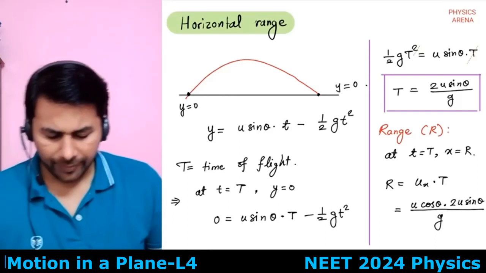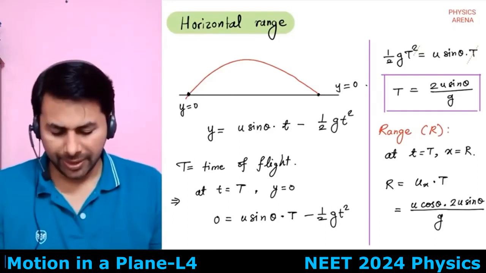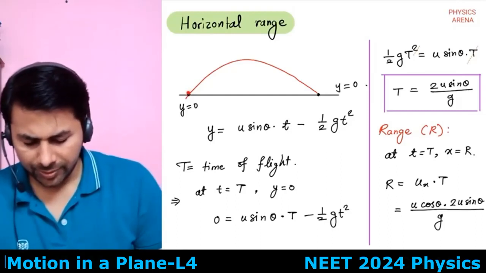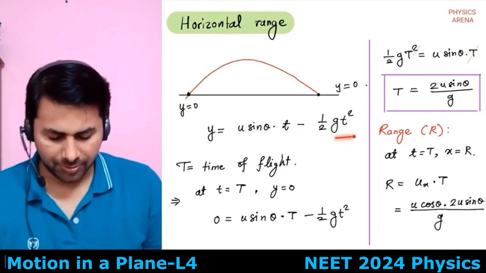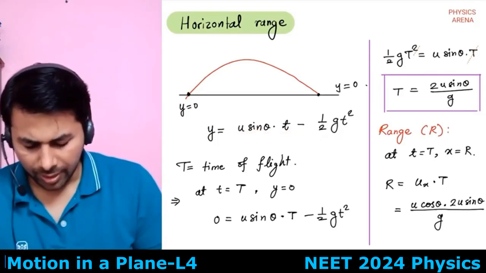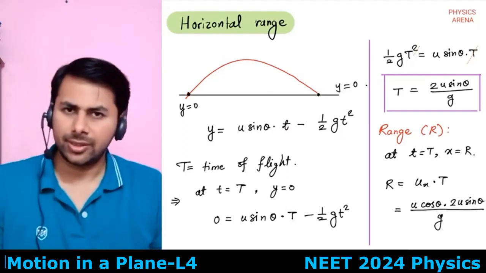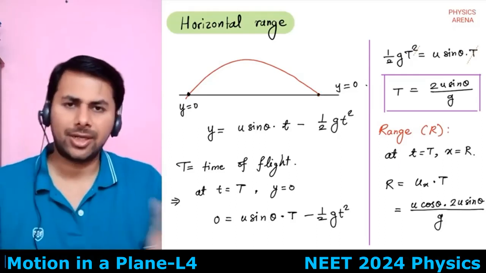Then let's come to the horizontal range. How can we find the horizontal range? For that, we have y equals u sine theta into t minus half of g t square. Now the initial position is 0, y is equal to 0, and the final y position is also 0.